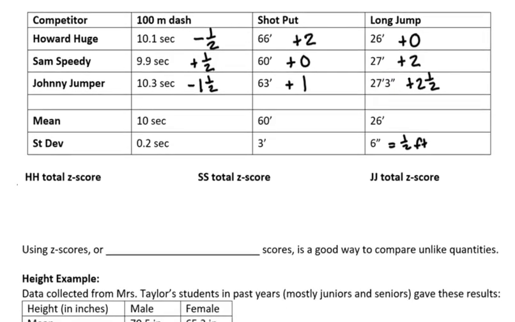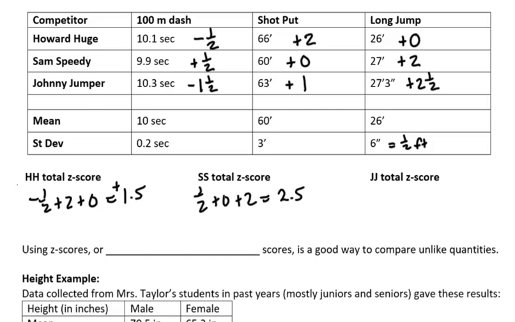So now if we add up the total scores in terms of how much better or worse they are than average in each of their events, Howard Huge's total score would be -1/2 plus 2 plus 0, or a total of 1.5. Sam Speedy's is 1/2 plus 0 plus 2, or a score of 2.5.